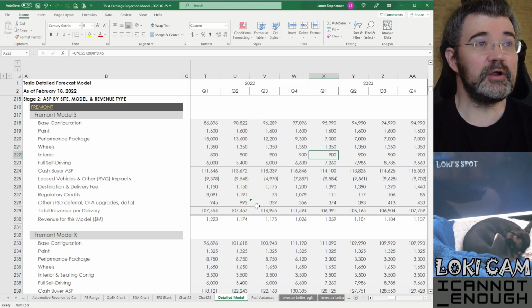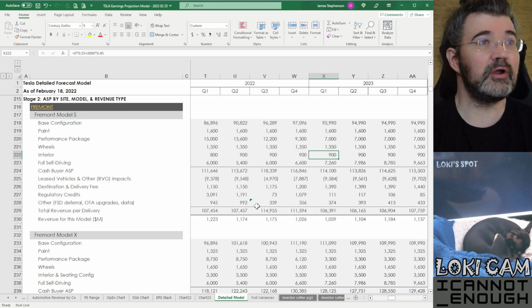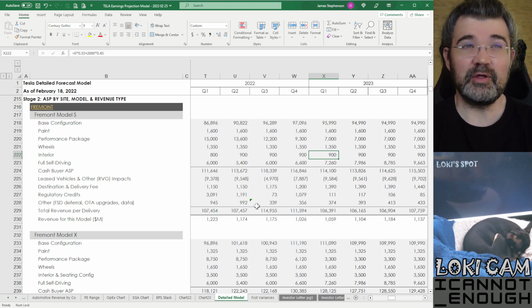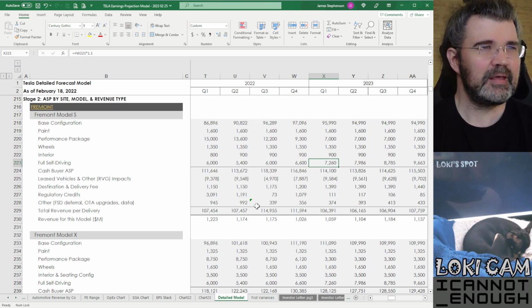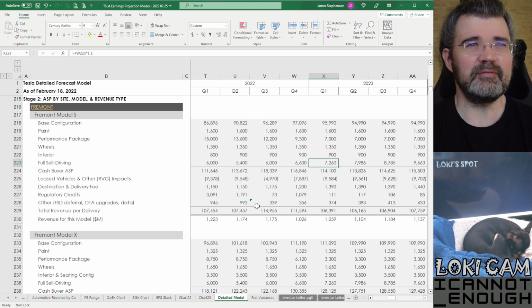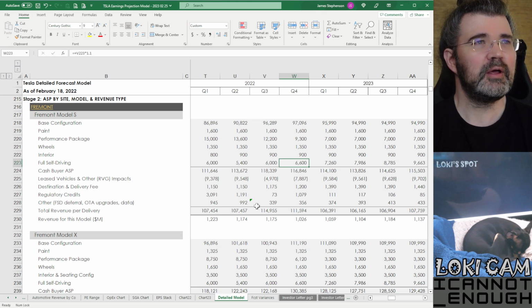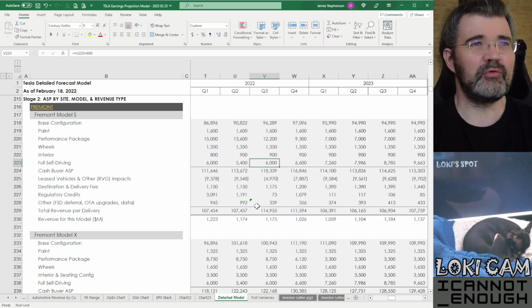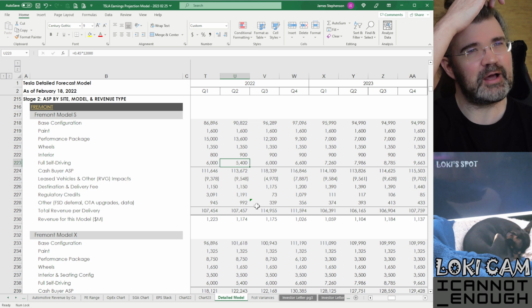Then we've got the interior, so that's a $2,000 option to get the alternative Model S interior. I've got a 45% take rate on that. I think that's the white seats option, people like that. Then there's the full self-driving option, which I've got growing from what it was the previous quarter, from a 45% take rate at a $12,000 option.